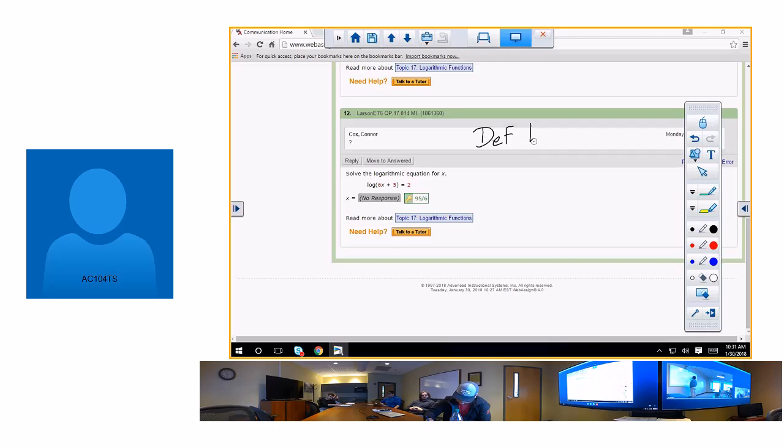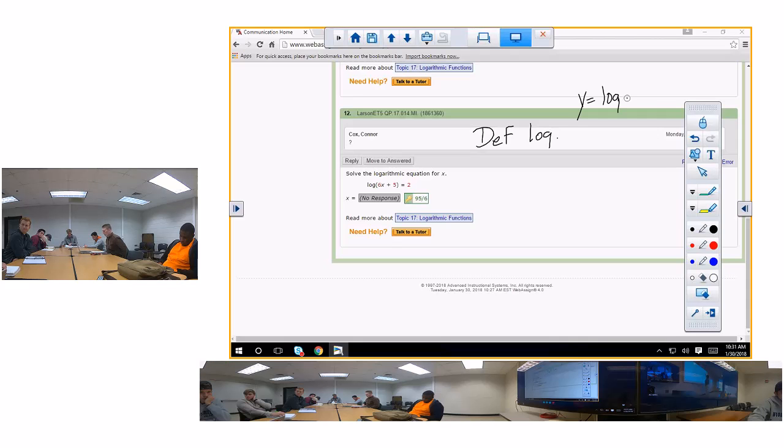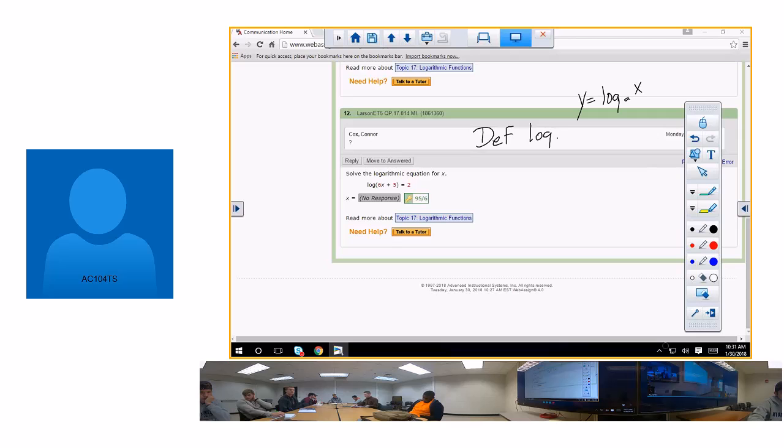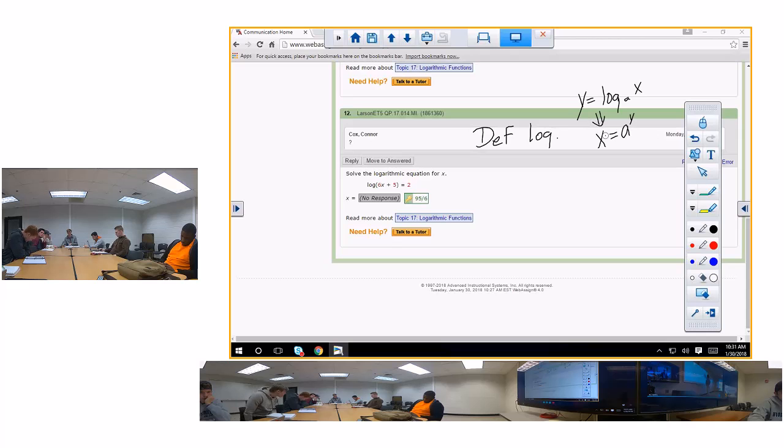The definition of a logarithm says y is equal to log base a of x, and I can't remember the second part. I think it's x is equal to a to the y. We'll find out in just a second if I'm right.